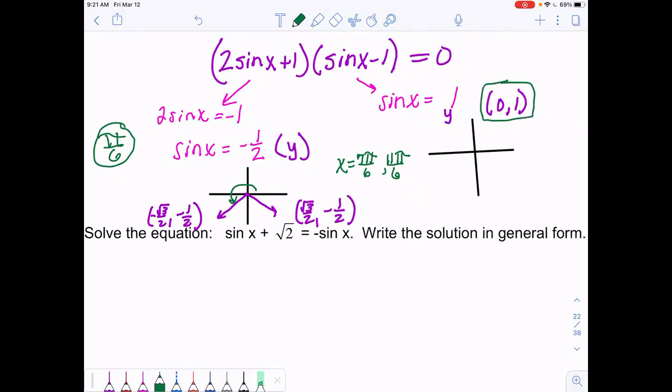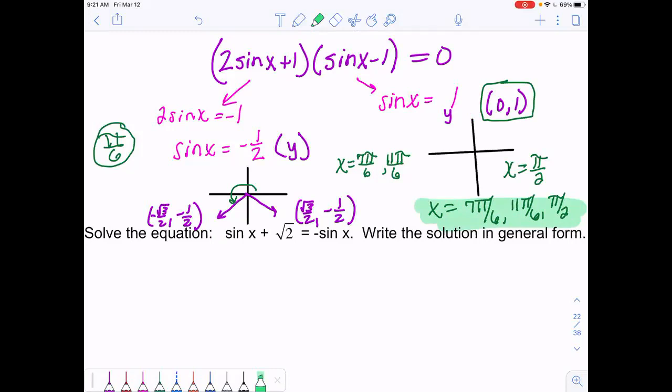Evan, when is the sine equal to 1? Or what value would my angle be at 0, 1? At 90 degrees, and 90 degrees is pi/2. So my solutions, we have 7 pi over 6, 11 pi over 6, and then pi over 2. We have 3 angle solutions. All of them are solutions.